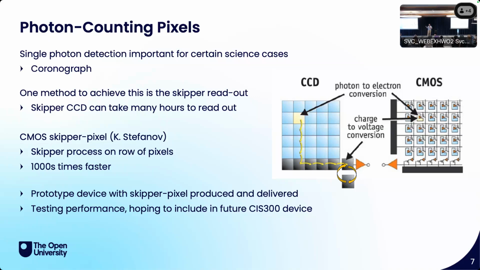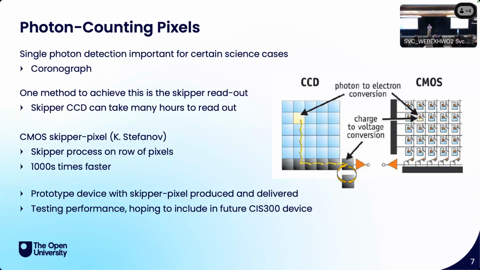If all the pixels have a skipper capability, you can speed up this process by thousands of times, because you can do a skipper for a full row at a time. We hope that will give us photon counting capabilities with the SIS300.